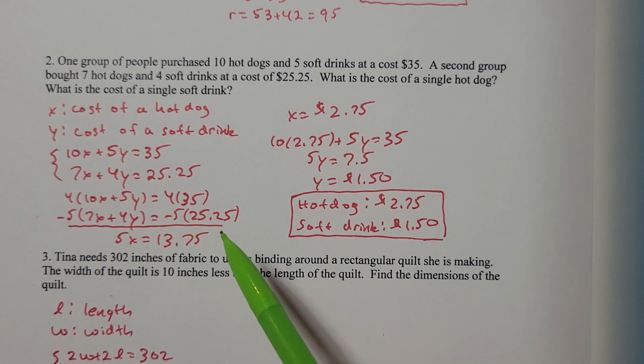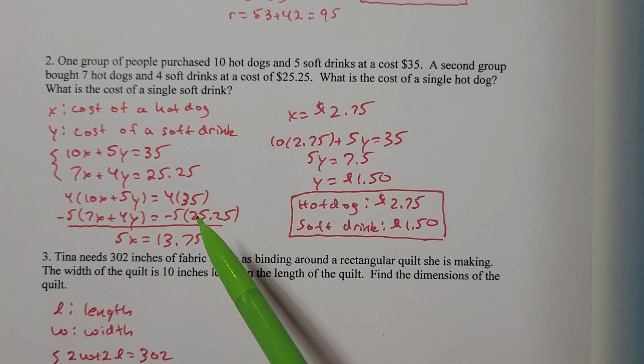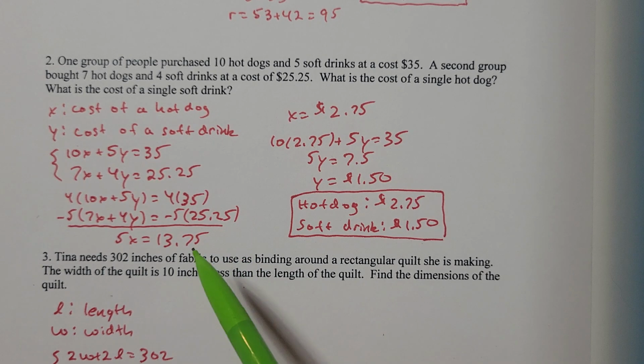So 5 times 25.25 should be 126.25. Okay, so if I take 140 minus 126.25, I should be getting 13.75 there on the right.